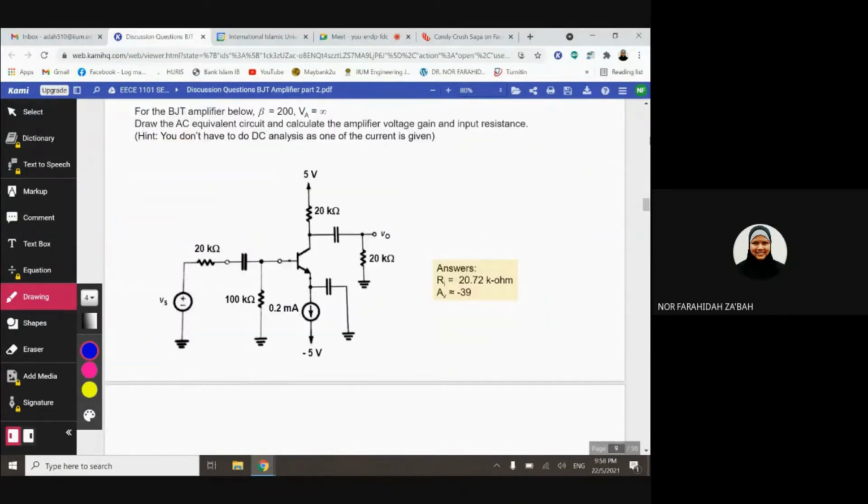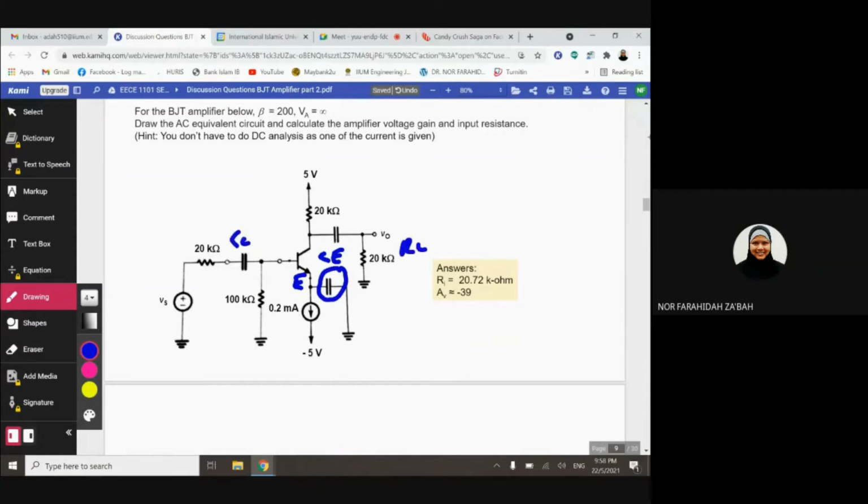So this next example is common emitter with bypass capacitor. So how do you know that it has a bypass capacitor? Because you can see that there is a capacitor connected to your emitter terminal. So that means this is your CE. Similarly with the first example just now, your voltage amplifier block will be connected to a load resistor.